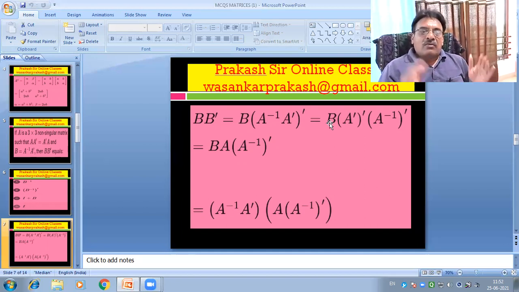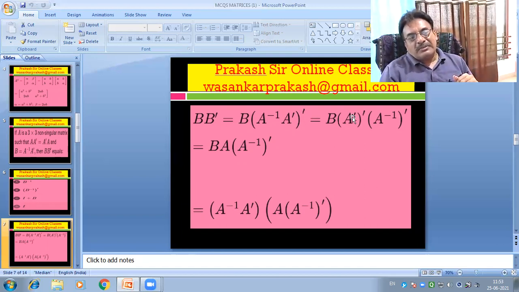And we know that complement of AB is equal to complement of B into complement of A. By using this property, complement of A inverse into complement of A complement becomes complement of A complement into complement of A inverse.